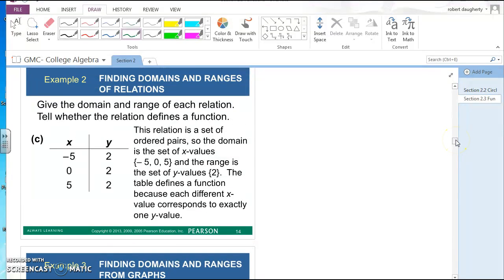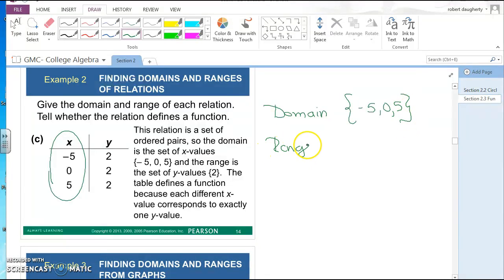Now, let's look at this. Give the domain and range and tell whether or not it's a function. Okay, so in this one, the domain is a set of all input values. So the domain is just the set -5, 0, 5. The range is just a set of all outputs. So that is 2.